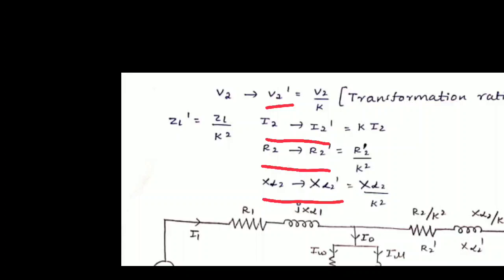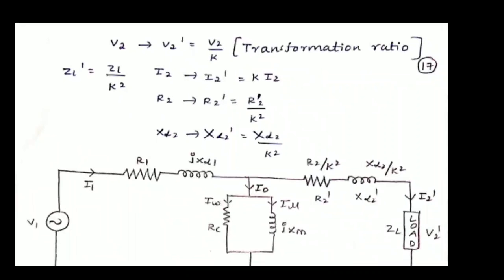So what does this dash represent? The dash represents a quantity of one side referred to the other side. Whenever we have a dash, it is actually a parameter of one side, but we are referring it to the other side.